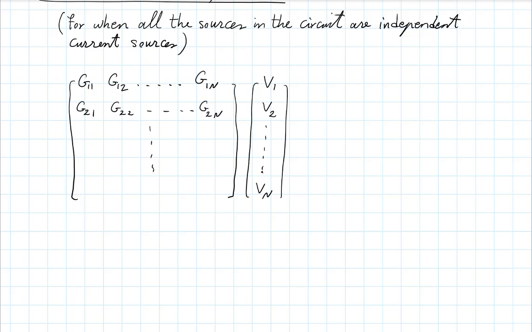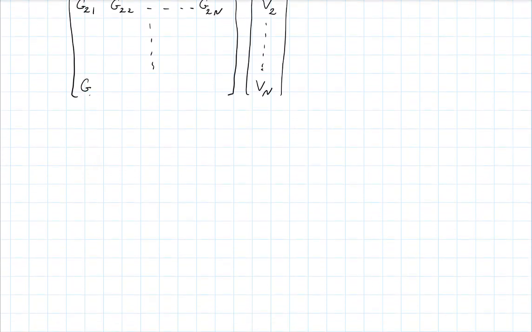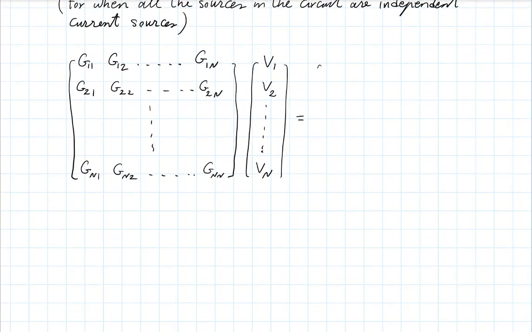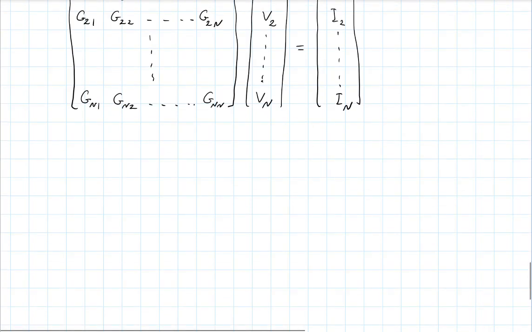And so on. And on this side, you would have these known currents. And the value of these are like this. V1 till Vn, these are unknowns.